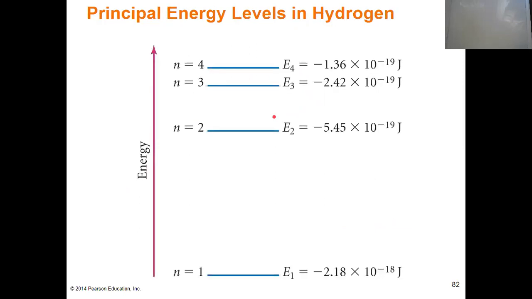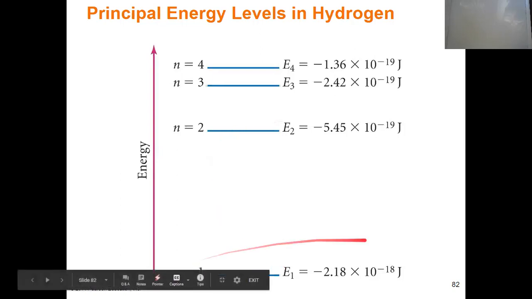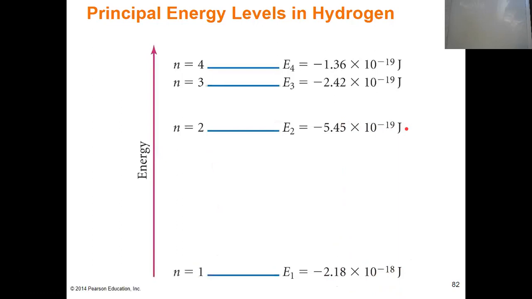And this is what some energy values look like. You're going to notice that n equals 1 has the value over here, negative 2.18 times 10 to the negative 18. Look at this difference between n1 and n2. That is a huge jump. There is a significant energy difference between n equals 1 and n equals 2.